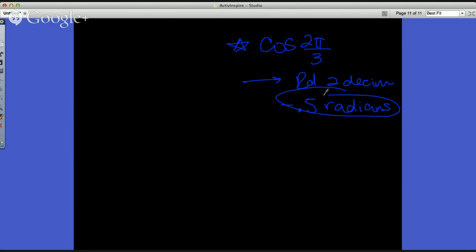If you're thinking about that, you think, well, what's negative 0.5? Well, think about it in terms of the unit circle. If you went to 2 pi over 3, you should get negative 1/2, or in this case, negative 0.5. Okay? All right.